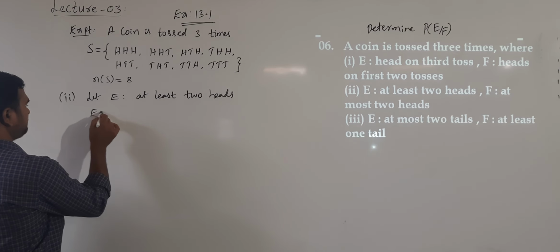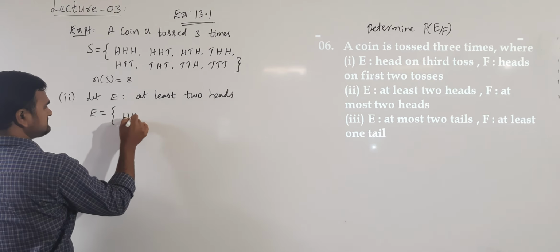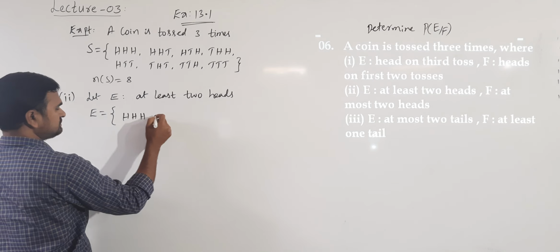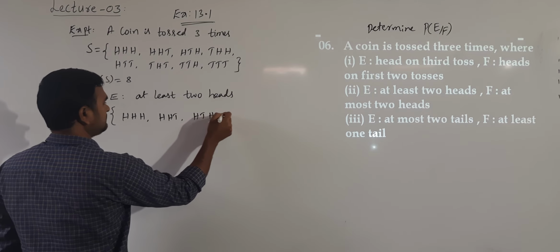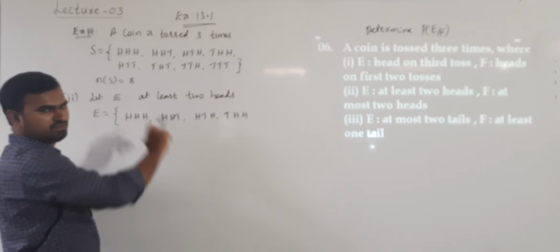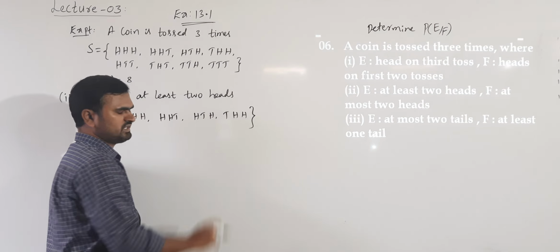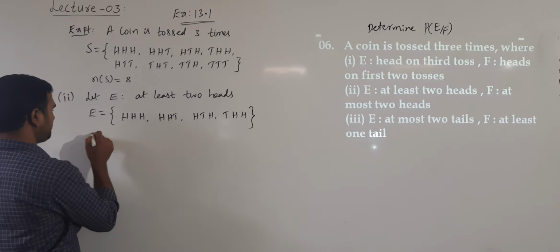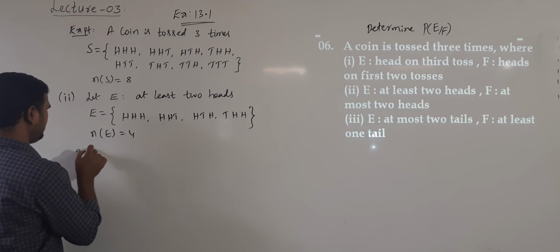So elements of E I can write as HHH, we have 3 heads, HHT we can write, 2 heads, at least 2, so 2 or more. HTH we can take, THH we can take. What about HTT? We have only 1 head here, but we need at least 2 heads. So 1 head and no heads we cannot consider here. This is E. So N of E is 4 and event F.